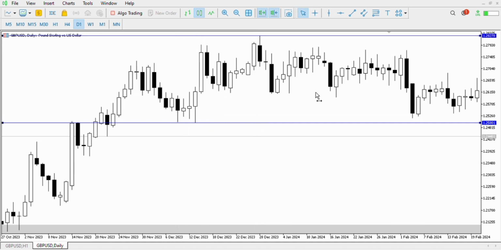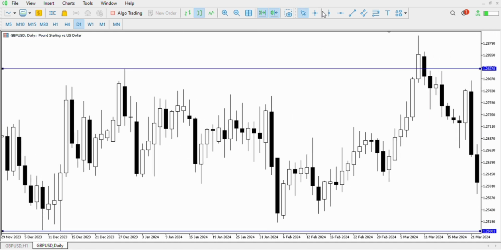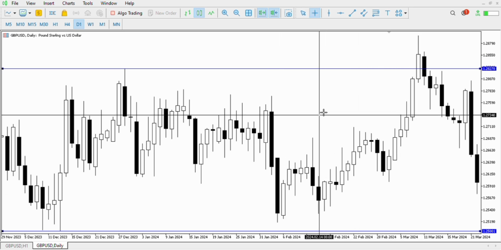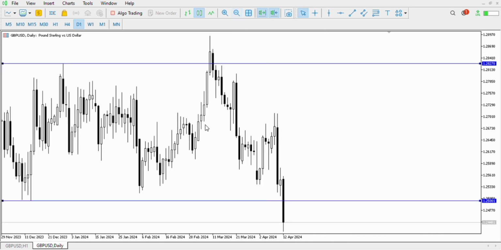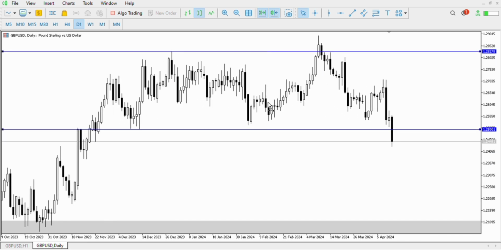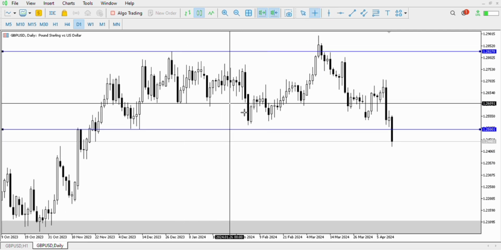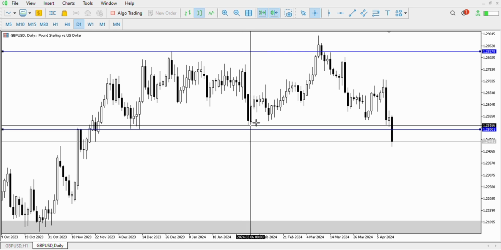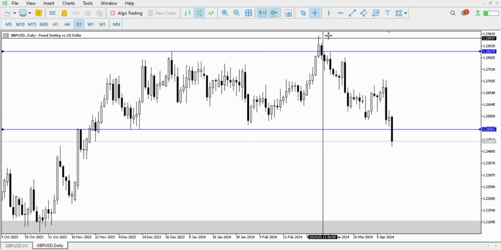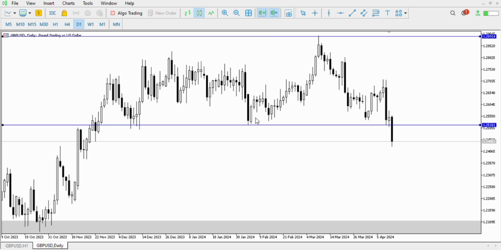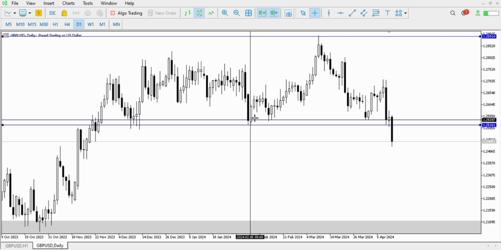Now let's follow carefully. What do you see that price did right here? Price traded up to this point. Now let me decrease that a little bit. Okay, perfect. Now what do you see that price did here? Price came all the way down to this point. This is the lowest point price gets to. Then it made a new high. So this becomes our new high right here, and this becomes our new low. So as at this point we are having an uptrend.